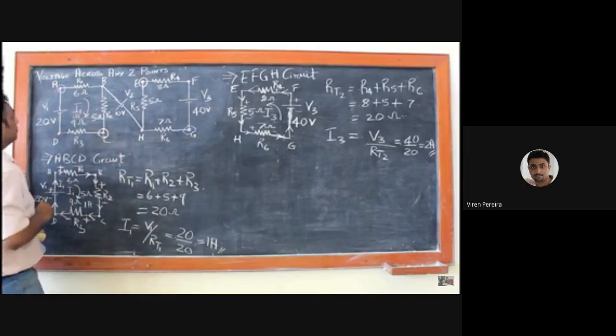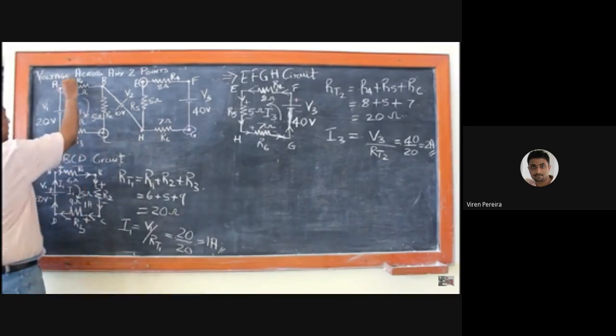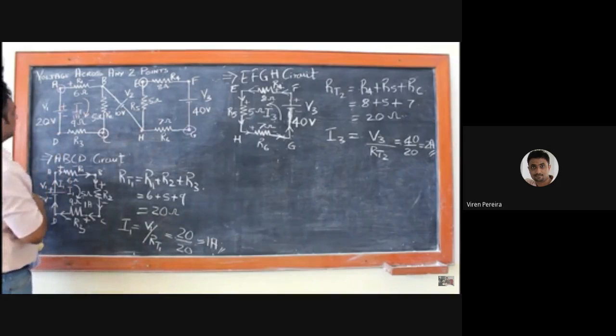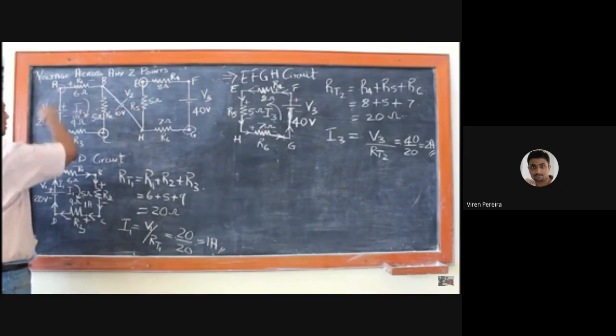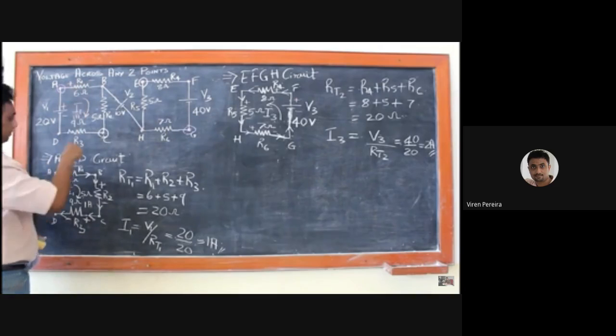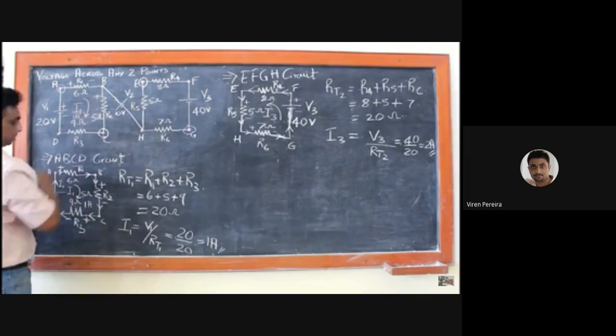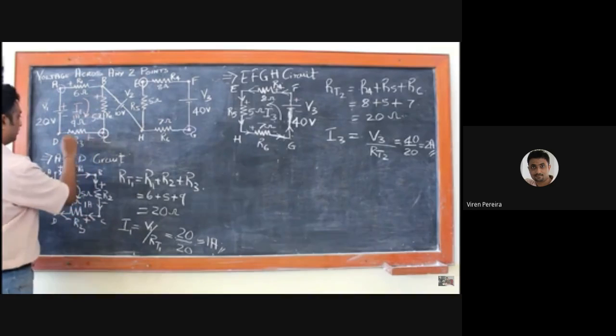So I wrote the value 1 amp. I have to even input my directions. Voltage source direction will never change. This will always be positive, this will always be negative. However, resistance polarity will depend upon the current. So I have positive and I have negative. Again here, positive, negative. So put the direction for this. Then again, positive, negative.